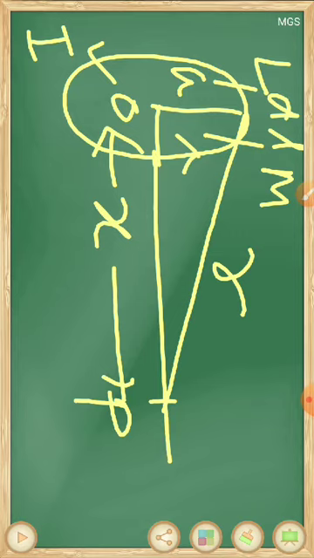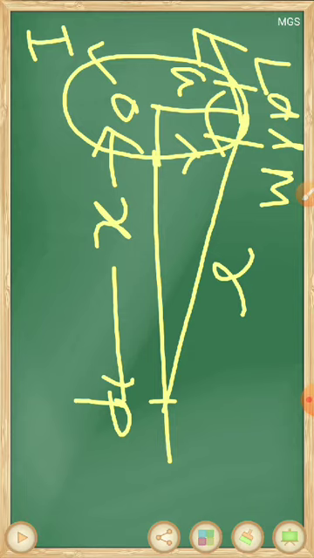Now here, as the plane of the circular coil is perpendicular to the plane of the paper and current is flowing in anti-clockwise direction, so the direction of IDL is perpendicular to the plane of the paper, and it is outward. So angle between IDL and r will be 90 degree.